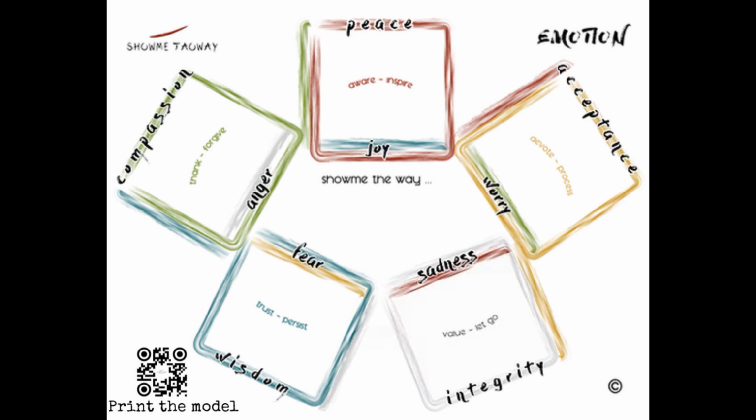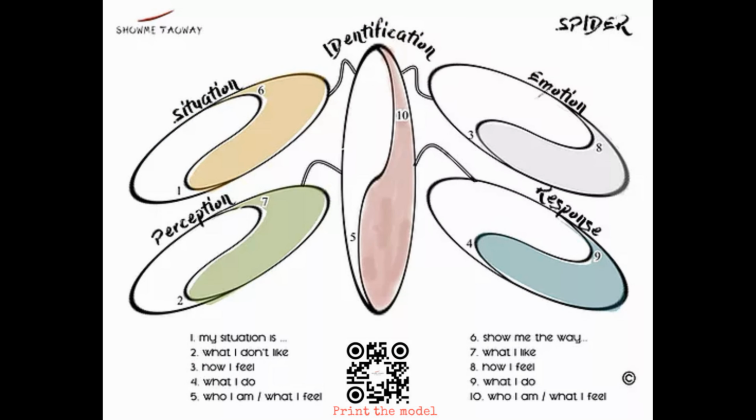So I can say that the boundaries will most of the time be represented by the number 10 of the spider, and the anger and frustration will be represented by number 5 in the spider, half full, half empty.